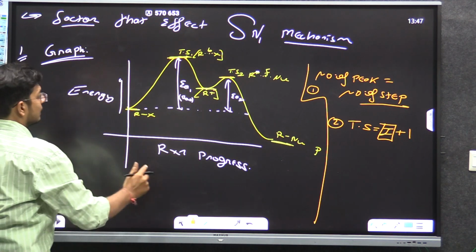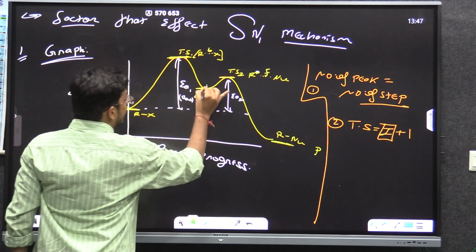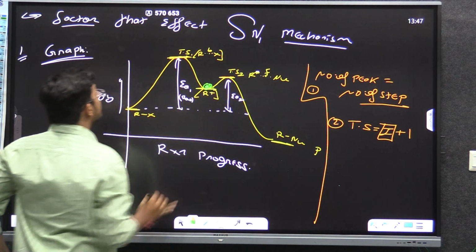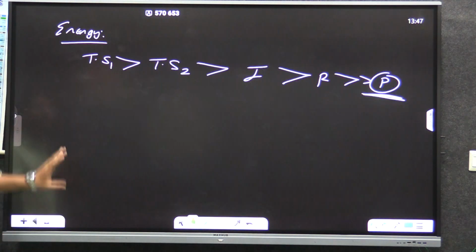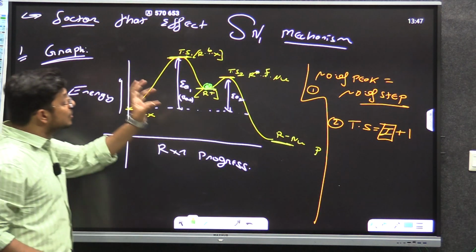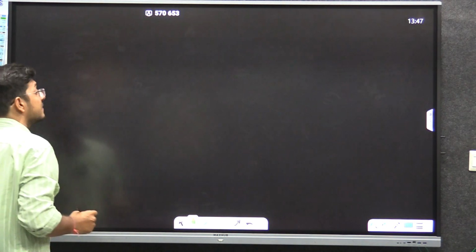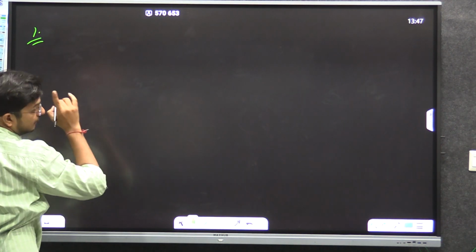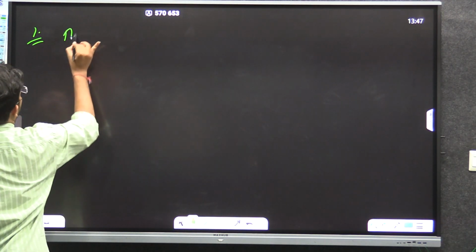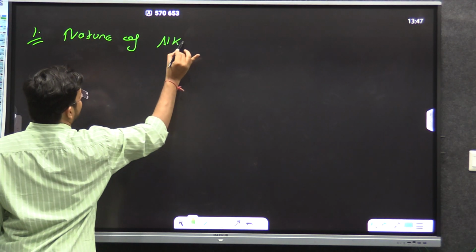Now, the king of this whole thing is actually the carbocation. What I am going to explain is what the factors responsible for SN1 are. The first factor which affects the SN1 reaction is the nature of the alkyl halide.